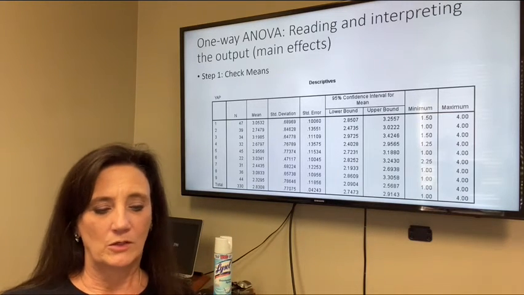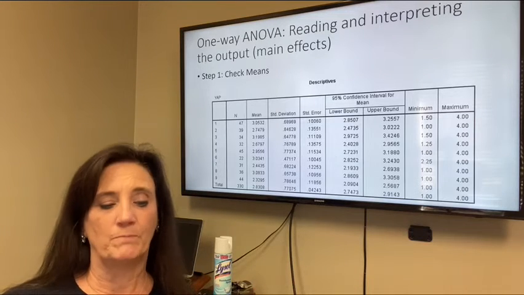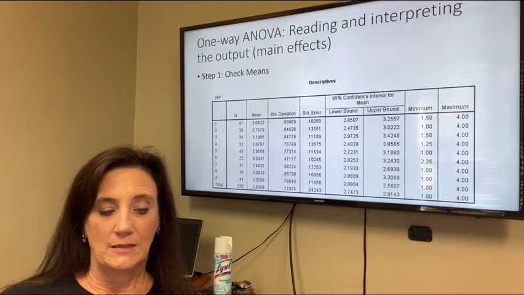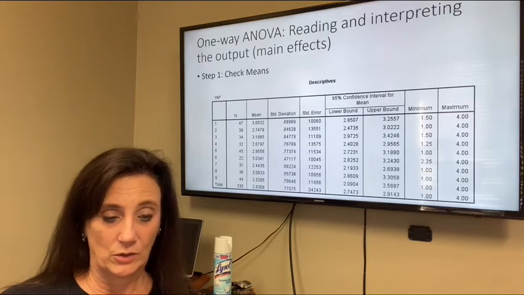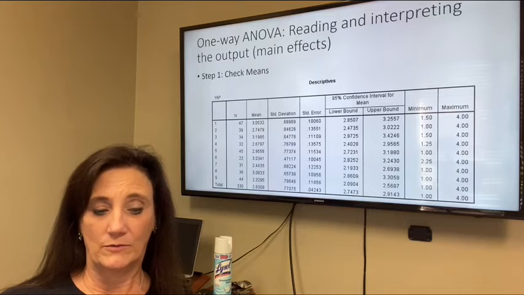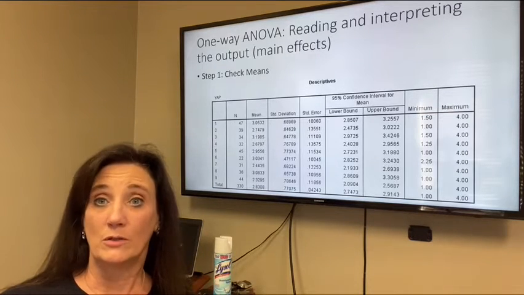Okay. So you can see too that each of the groups had a different number of people in the group, and you can see what the means and standard deviations were for each group. So if you need to, stop and look at that information, and then we're going to roll on to the next part of it.